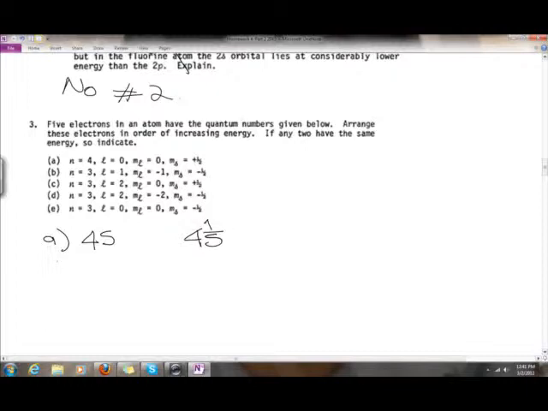Letter B. If N equals 3, L equals 1, that would be a P. This would be a 3p, and they said that ML is equal to minus 1. Let's do the P and the L and ML. For L equal 1, what would be the ML? It would be minus 1, 0, plus 1.